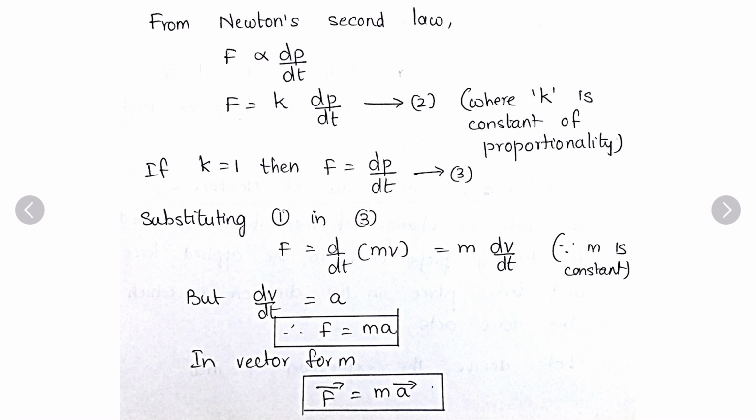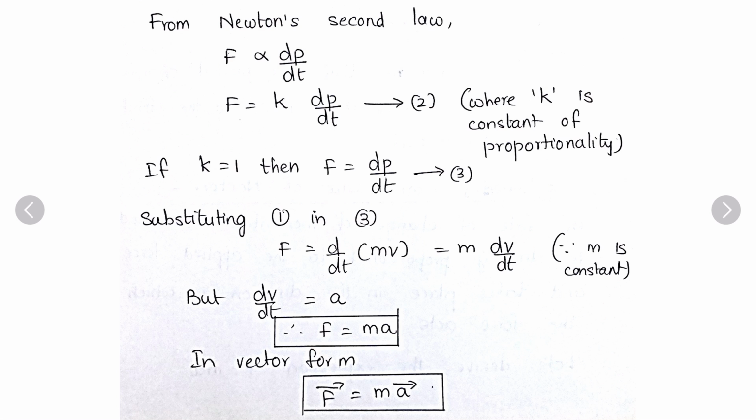Then F is equal to k dp by dt. If k is equal to 1, F is equal to dp by dt, that is d by dt of mv. M is a constant, take out m into dv by dt. dv by dt is rate of change of velocity with respect to time, that is acceleration. Substitute dv by dt as a, therefore F is equal to ma.